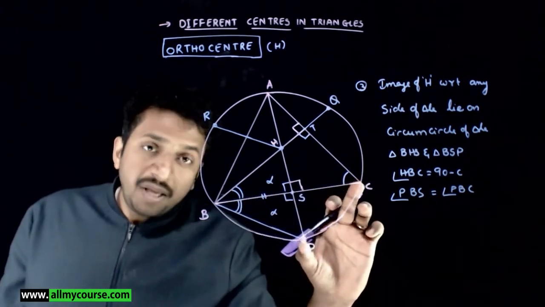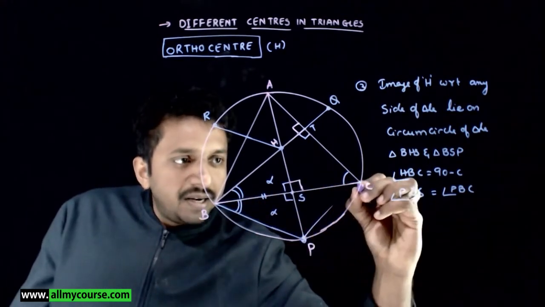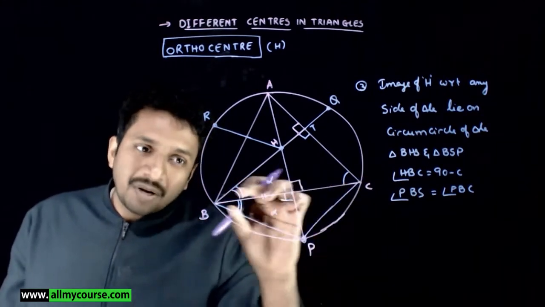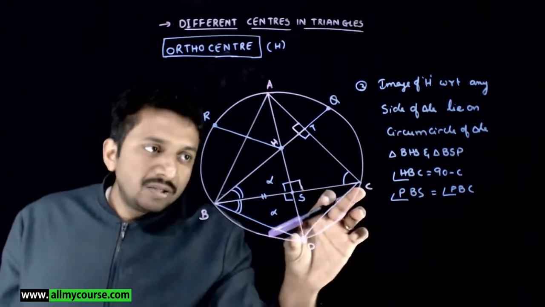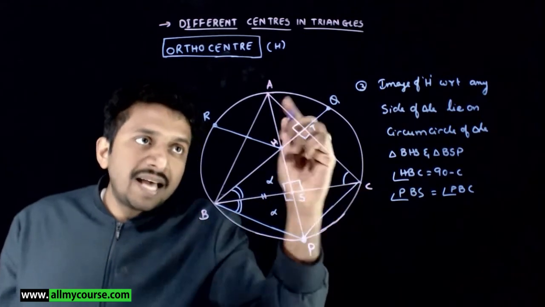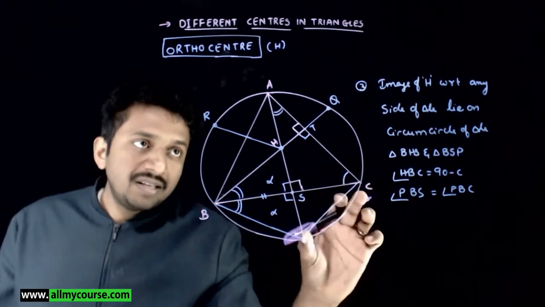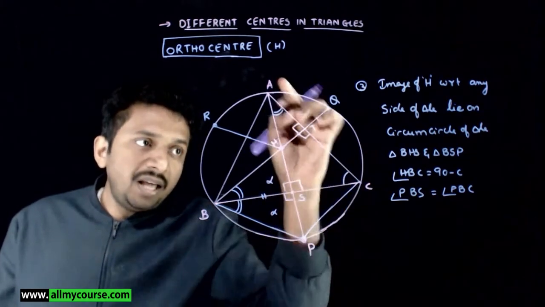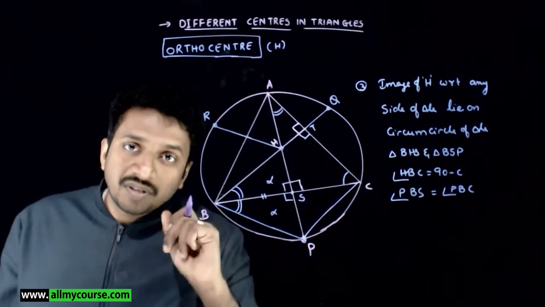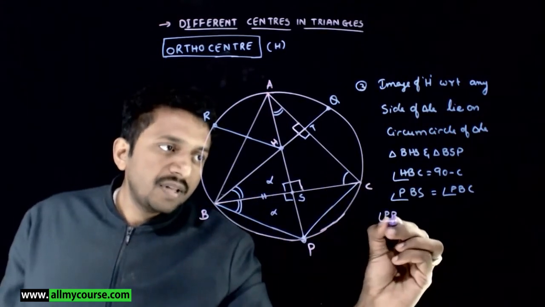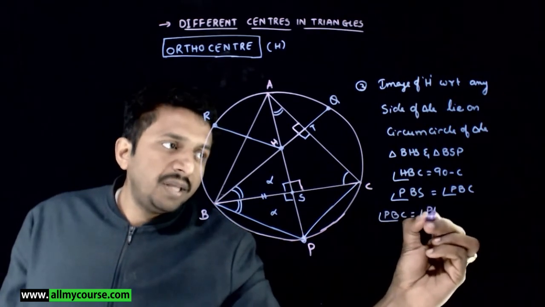Now angle PBC is the angle subtended by the chord PC on the segment of the circle. This PC also subtends angle PAC on the circumference of the circle. So angle PBC has to be equal to angle PAC.